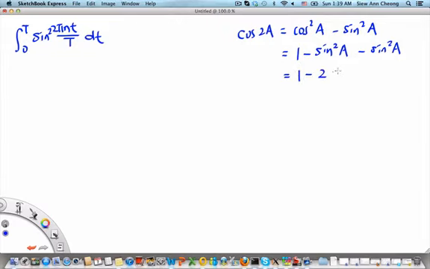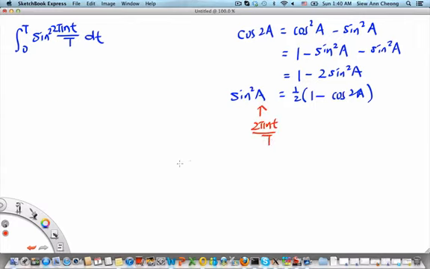So this is 1 minus 2 sine squared A. Now if we make sine squared A the subject, we will find that this is 1/2 of (1 minus cos 2A). So let's substitute that here, and of course here we are going to identify A as 2 pi nt over capital T.